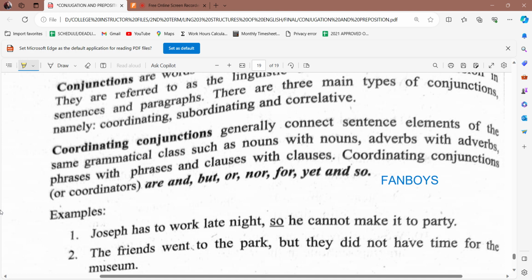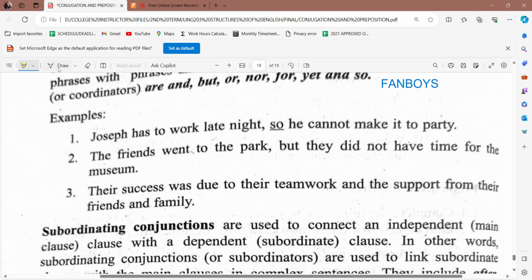For example, Joseph has to work late. If there is no coordinating conjunction, this can already stand as a sentence because it has a complete thought. This one, he cannot make it to the party. If we remove the coordinating conjunction, this can also stand as a sentence.